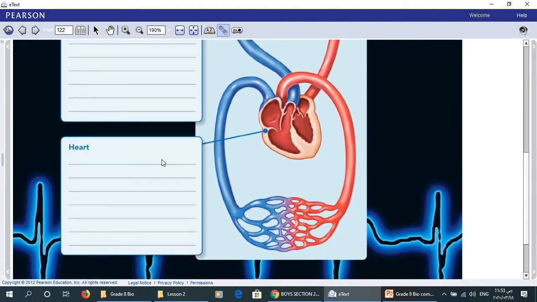Now heart. It pumps blood, allowing oxygen to be sent to body cells and carbon dioxide to be removed.